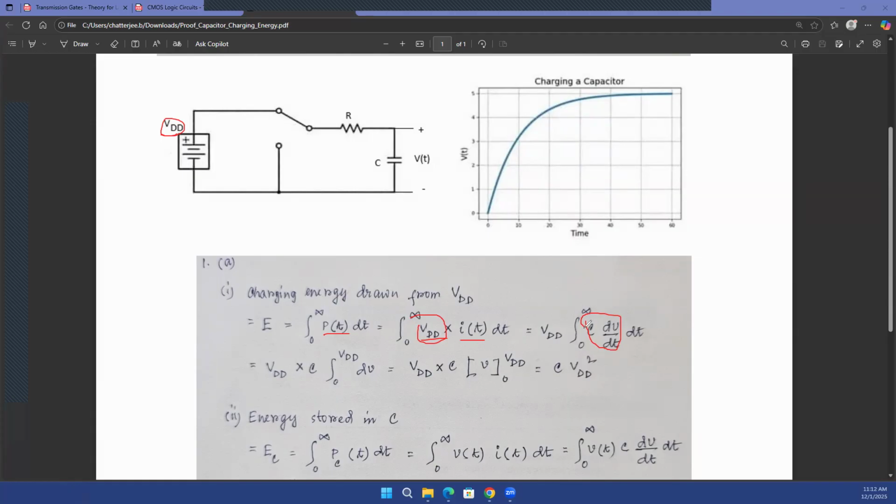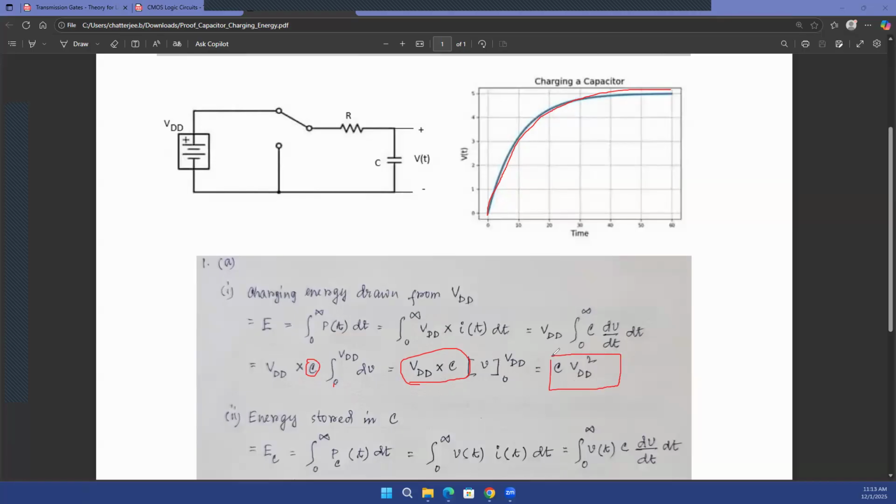So you're basically integrating C dV/dt times dt over 0 to infinite time as you're trying to charge. Of course your dt gets cancelled out. What you have is VDD times C, again C is a constant, times the integration of dV. And over infinite time, your capacitor gets charged to the voltage VDD. So you are charging from 0 to VDD and multiplying that with VDD times C. So VDD times C times VDD. So the charge that you are drawing from VDD is C VDD squared.